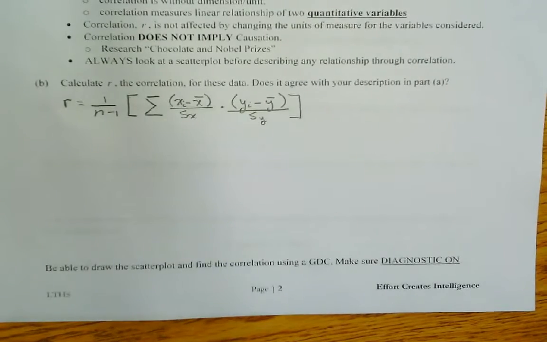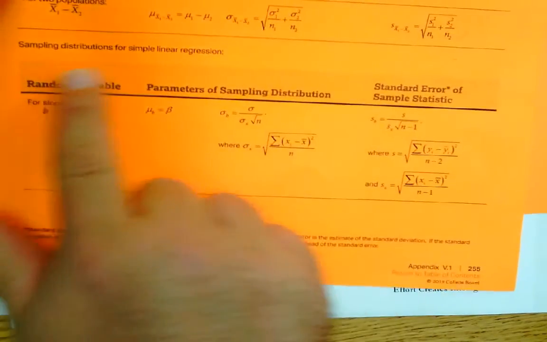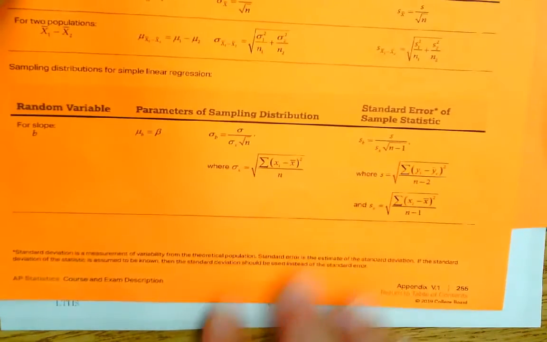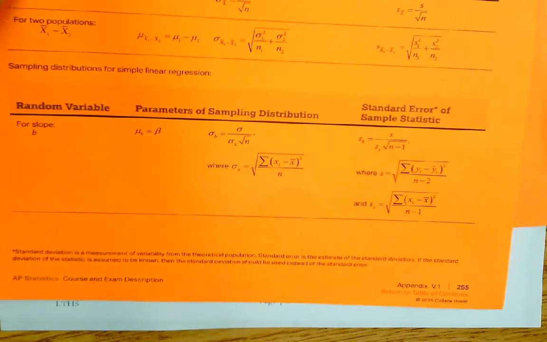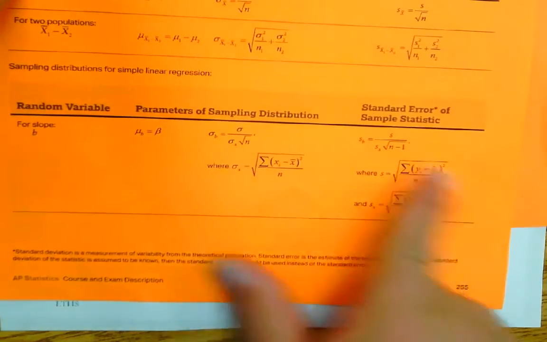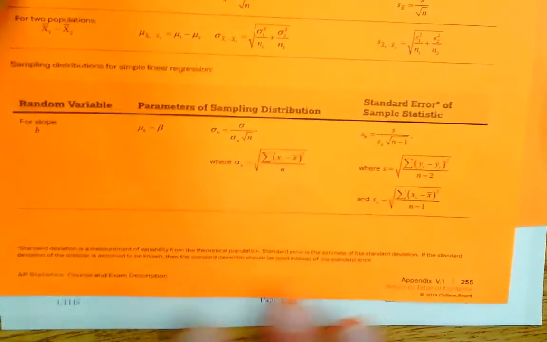That formula for R, the correlation. Is that a formula that you find on your formula sheet? Well, let's look. If we look at our formula sheet, we have the sampling distribution for linear regression. We look at the pieces, and that formula for R is nowhere to be seen. Right? I do not have this formula for R if I'm looking at this piece.